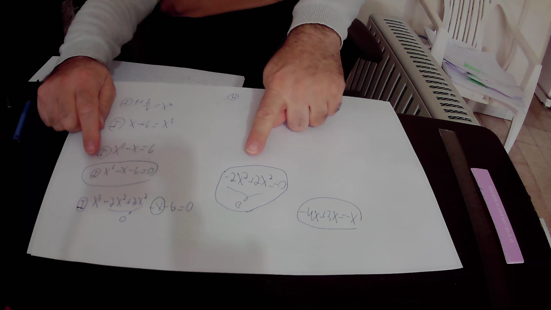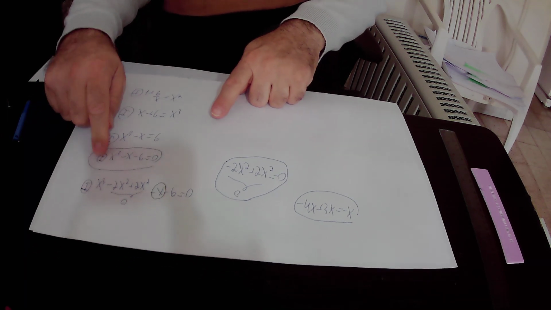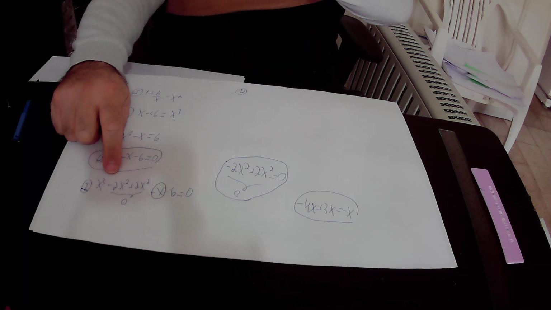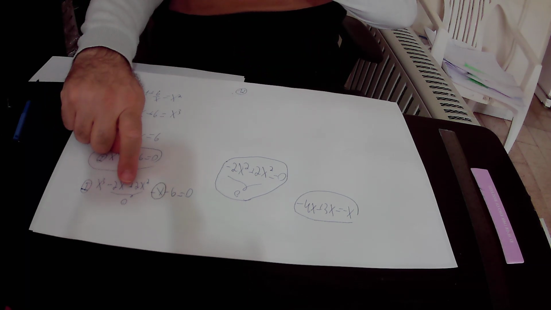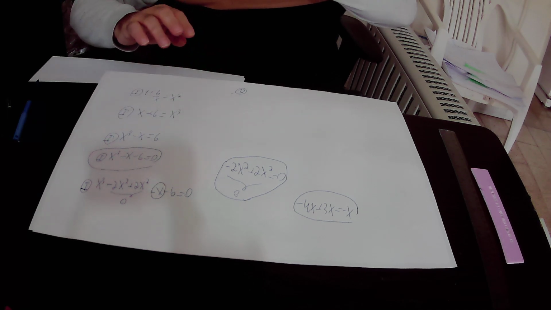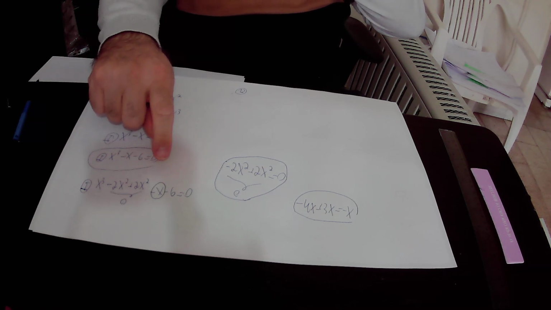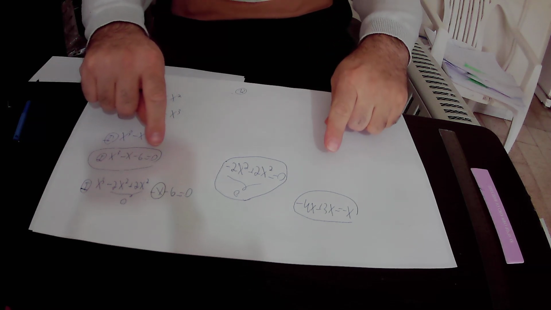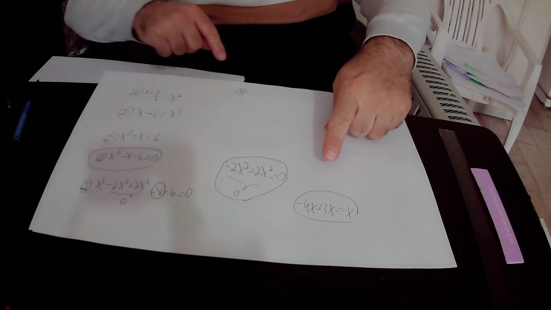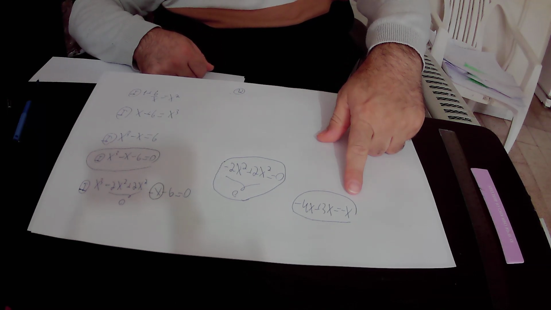So we added this expression that equals 0 to equation number 1, and we got that x cubed minus 2x squared plus 2x squared, that is 0, minus x minus 6 equals 0. And in this step we substituted minus x by minus 4x plus 3x, because minus 4x plus 3x equals minus x.